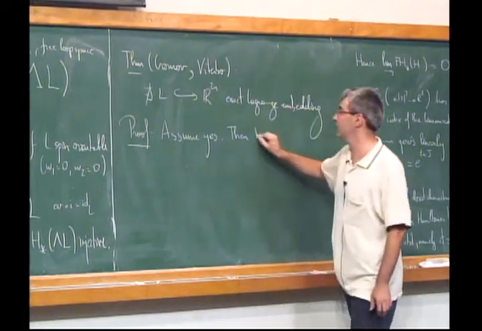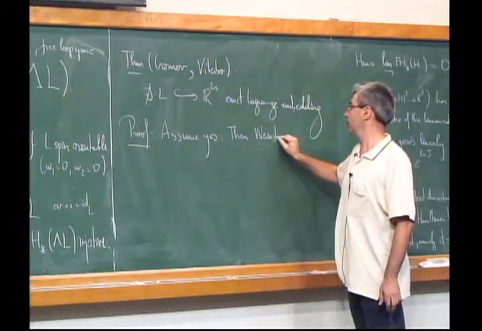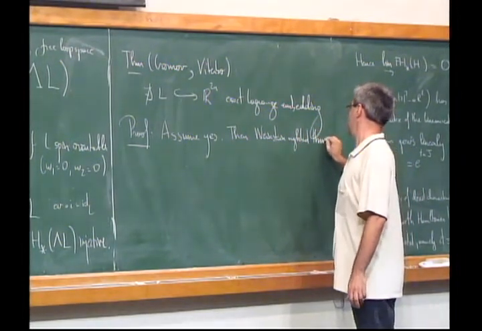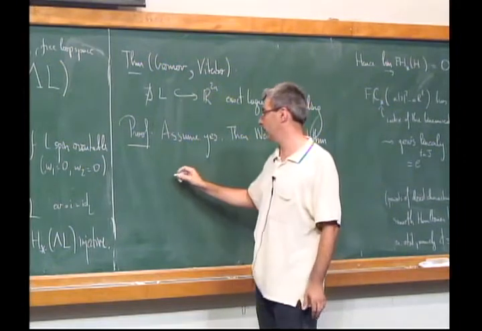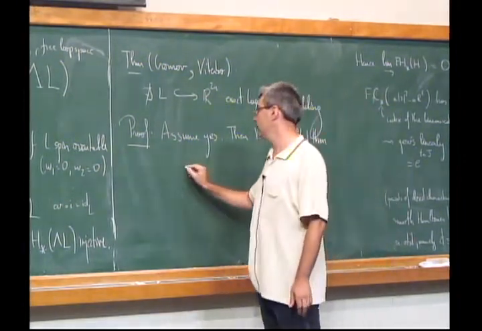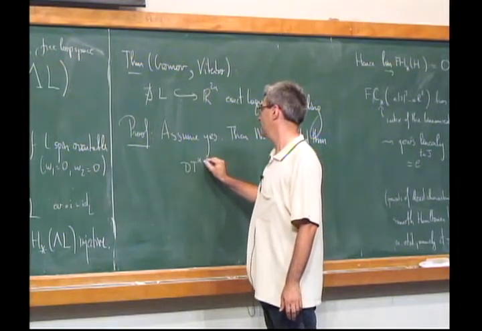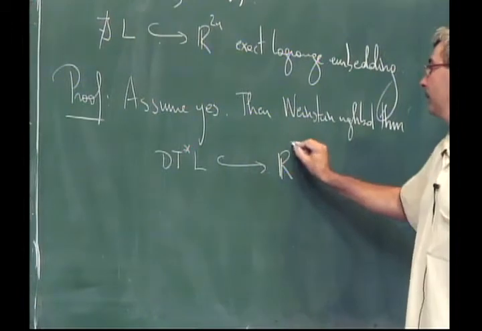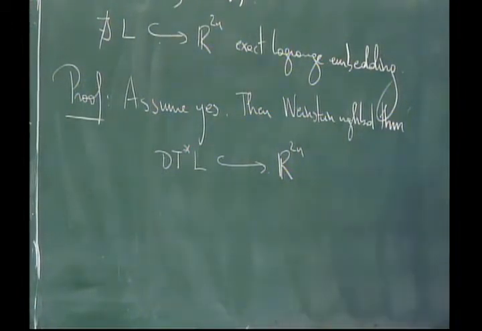there is the Weinstein neighborhood theorem, which tells us that for a suitable choice of Riemannian metric on L, D*L embeds into R2n, right?